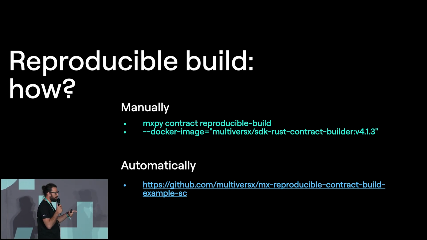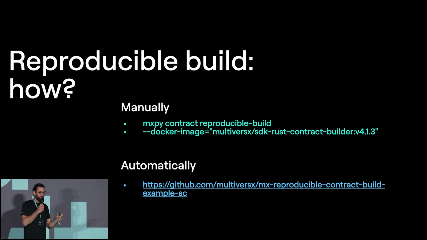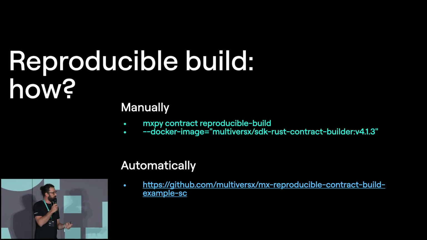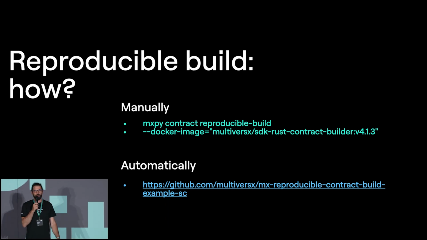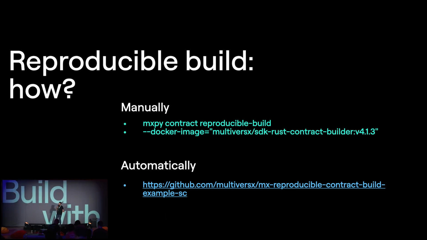To make it even easier to use, we've incorporated this Docker image into MXPy. Similarly to how you did mxpy contract build, now you can do mxpy contract reproducible-build, just specify the version of the Docker image, and then voila, you have a reproducible build.